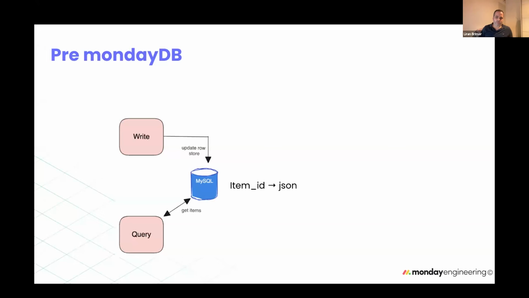And we just wrote one huge table where each row is a Monday item, plus a big blob of JSON with all the column values. And when the user queried that table, we just threw it to the client, and now the client had all the data. He could do whatever he'd like with it: filter, sort, aggregate, join.